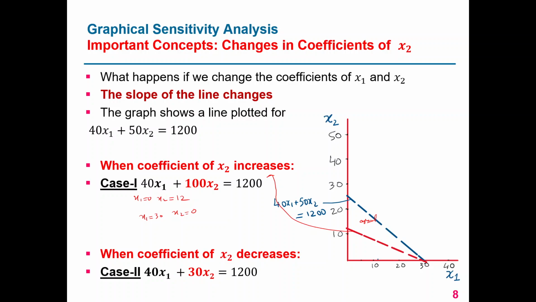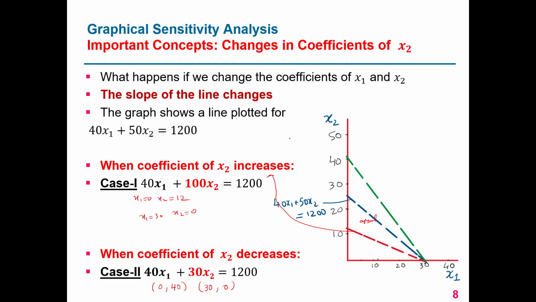So let's again plot an equation of a line where the coefficient of x1 and the constant are kept at their original value, whereas the coefficient of x2 has been reduced to 30 from 50. It can be plotted at points 0, 40 and 30, 0.